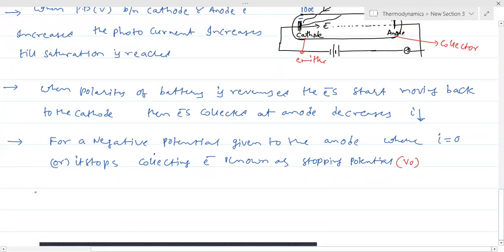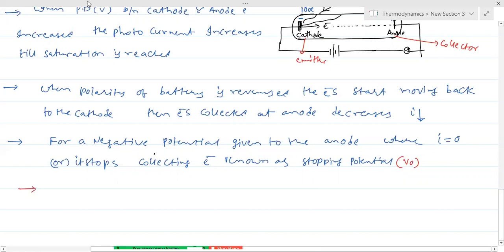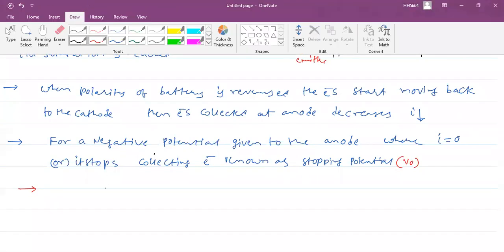Stopping potential V naught. The upcoming points are very important.